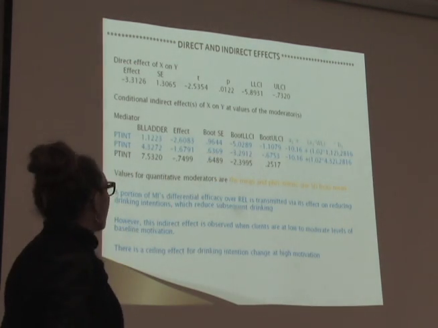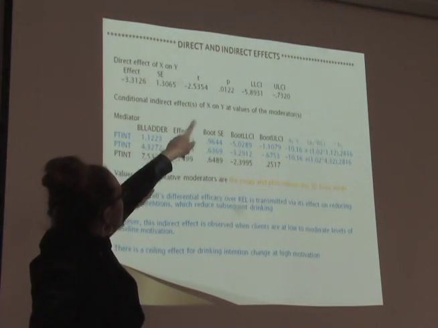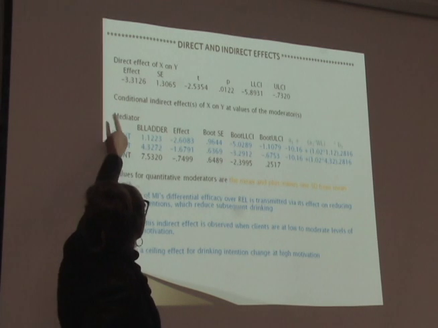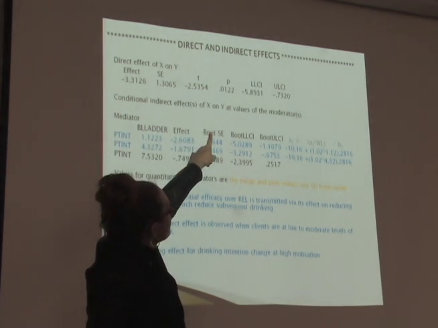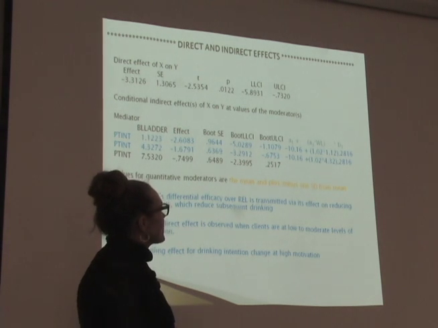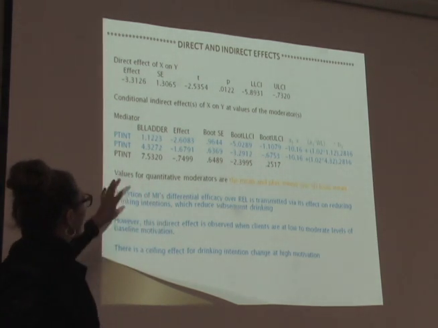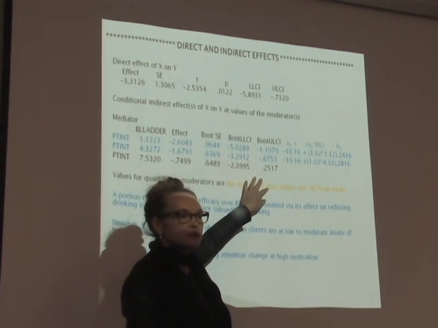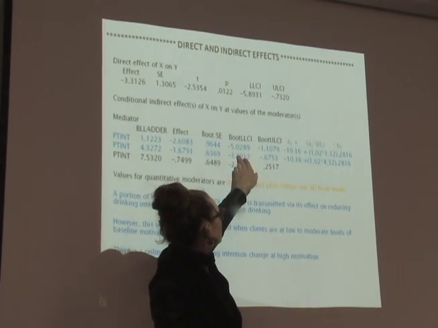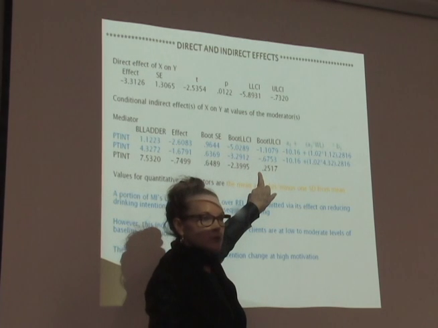All right, so here's the direct effect model. Here is the conditional indirect effects of X on Y at different levels of the moderator. So usually when I look at these, I just kind of scan down the confidence interval and look for where there's no zero.